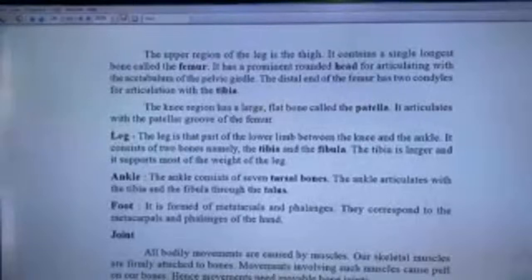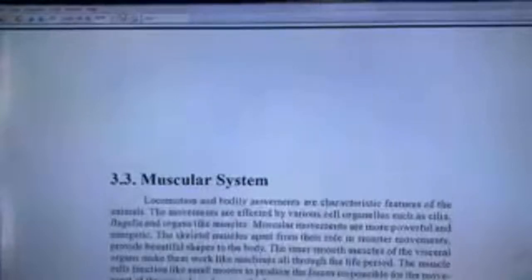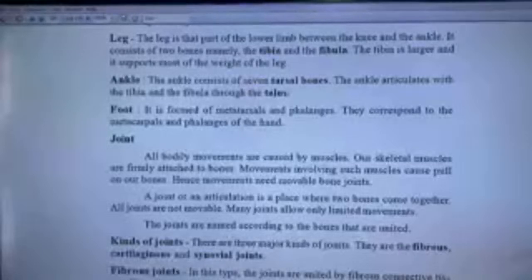Leg. The leg is that part of the lower limb between the knee and the ankle. It consists of two bones, namely the tibia and the fibula. The tibia is larger.